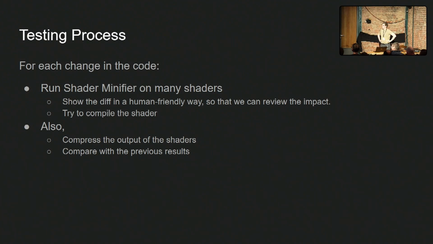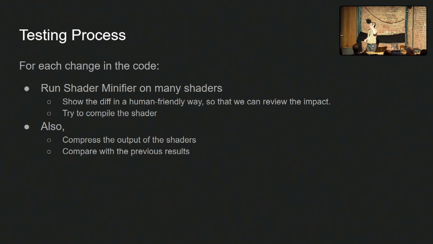So we introduced a new testing process in the development of the tool. Each time we modify the tool, we first want to run the shader minifier on many shaders. We've written some unit tests, and then we also took some shaders from actual intros.